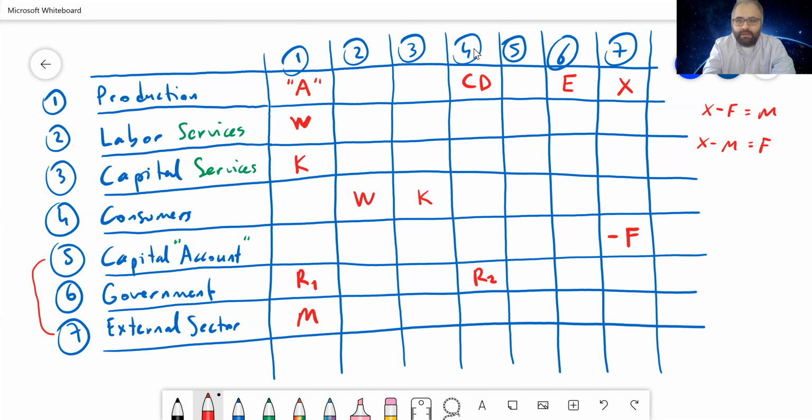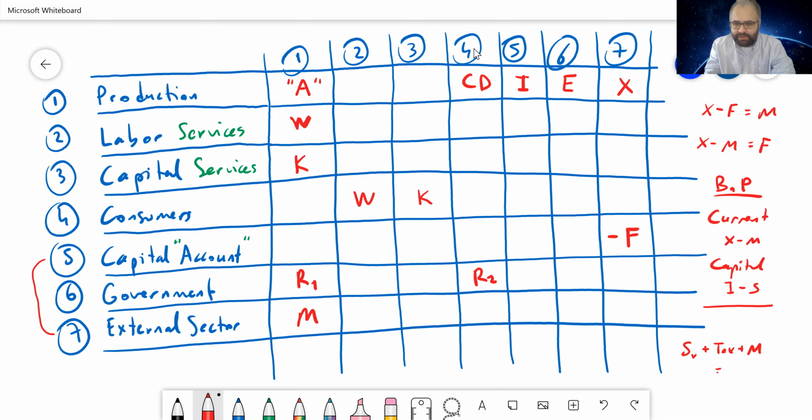So if you once again think about leakages and injections, you have saving plus tax plus import being equal to investment plus government spending plus exports.